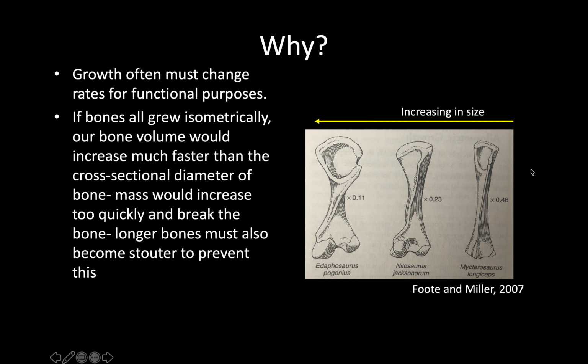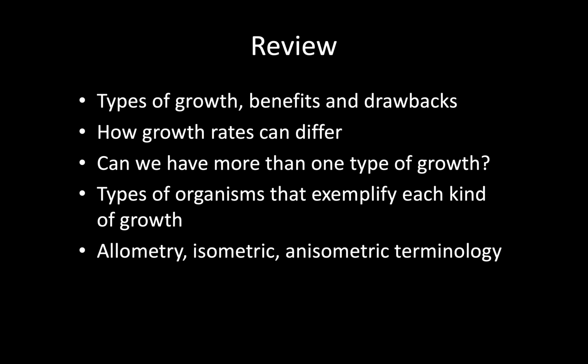These are blown up to the same size looking, even though they're not. This is the largest bone. This is the smallest bone. We actually have to add on to our bones width-wise at the same time as they get longer to be able to handle the weight of the body. Without it, our bones would actually just snap. So this growth is the only reason that we are able to walk without our bones breaking. So it's a pretty helpful thing.